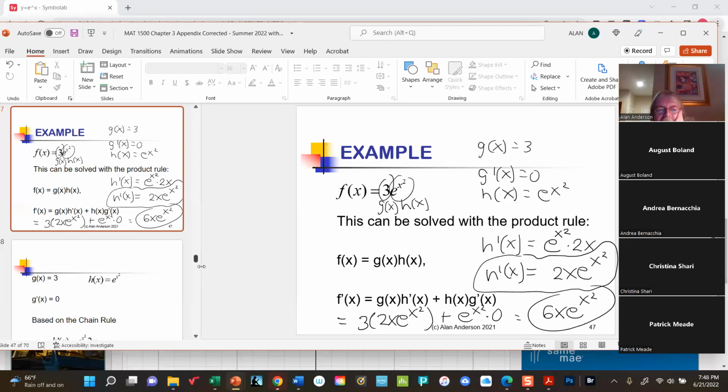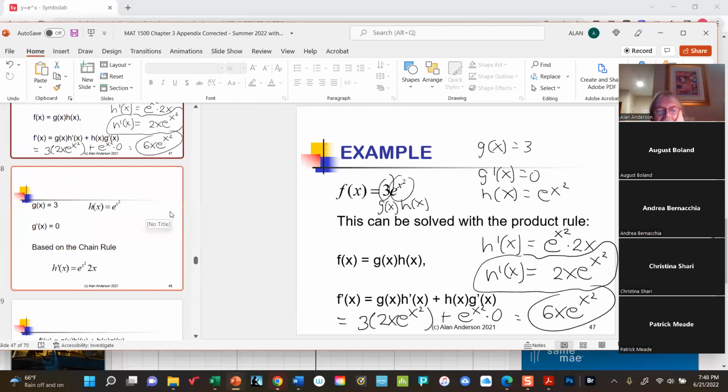Oh, okay, well, that wasn't so bad. And of course, don't forget, this result right here is coming from the chain rule. Okay, that is a consequence of the chain rule. So we involved both the chain rule and the product rule.